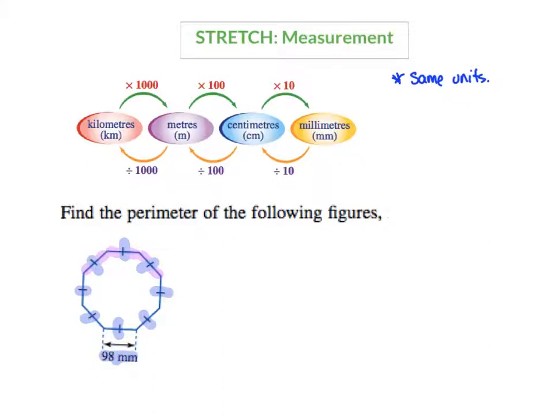If you look there, it says 98 millimeters. So we have 8 sides, so I'm going to say 8 times 98, which will be my perimeter, 784 millimeters. So make sure you put the units in, and there's that one.